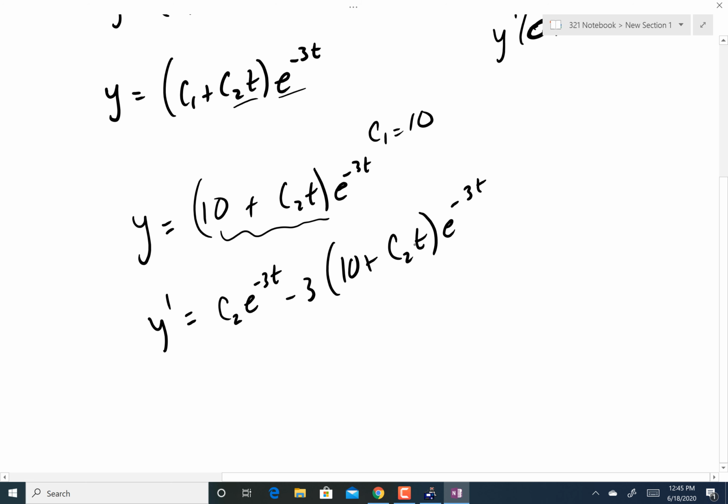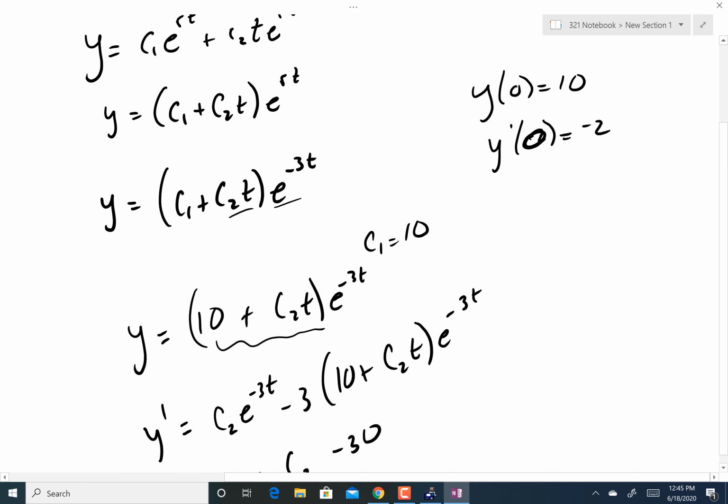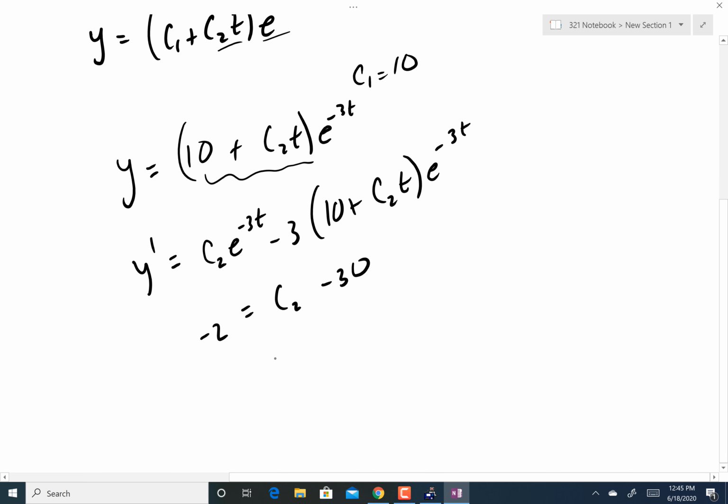This piece here will cancel out. You're going to get minus 30 coming out of that. This piece here will just be C2, and then equals negative 2. So it looks like C2 is 28.